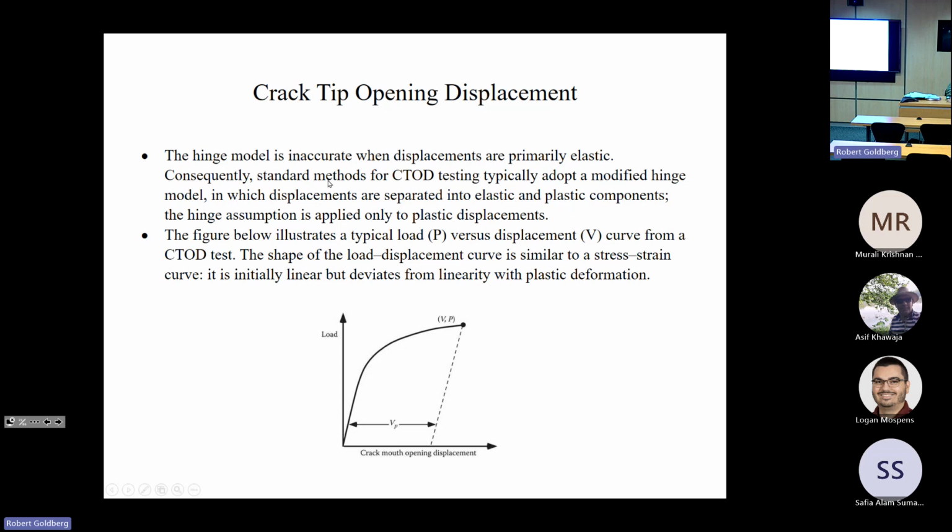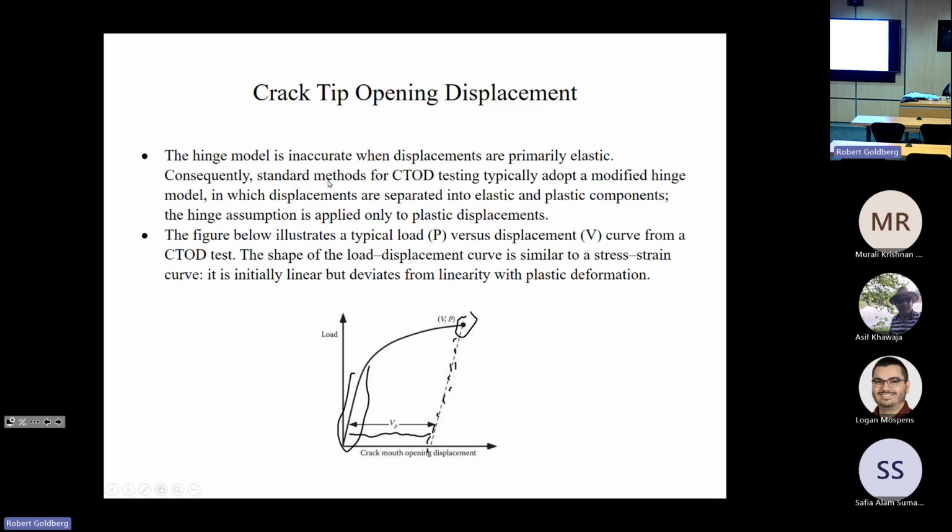So this figure illustrates a typical load versus displacement curve that we get from that test that I just showed. Once you hit a certain point, you do an unload with the slope equal to your initial slope of the load displacement curve, and you assume that this amount of displacement is your displacement due to plastic deformation.